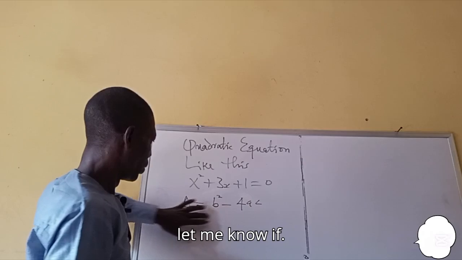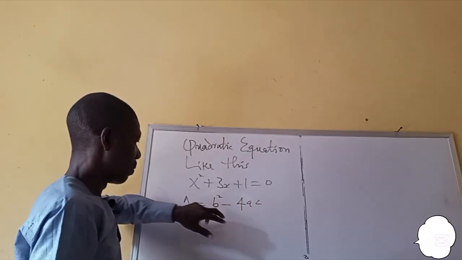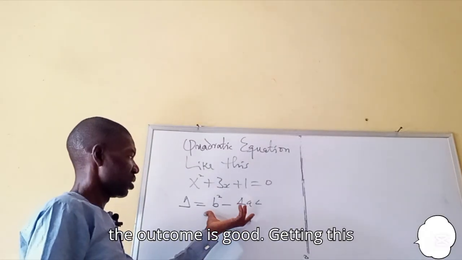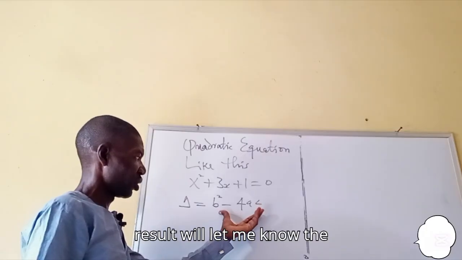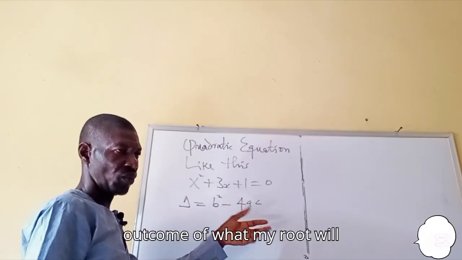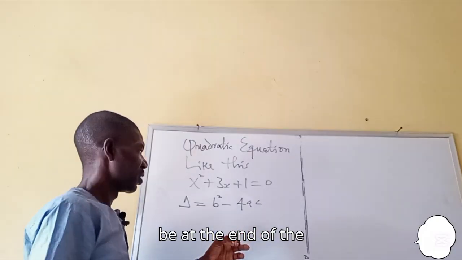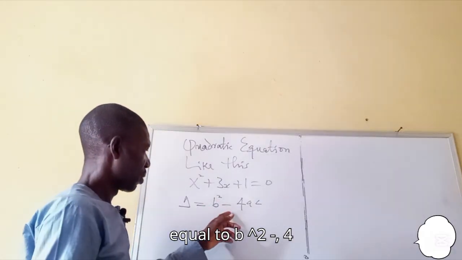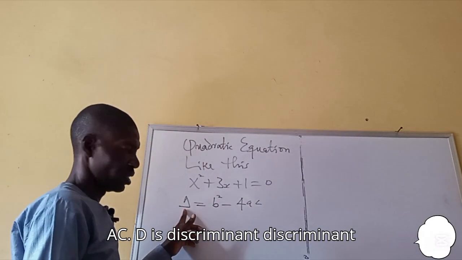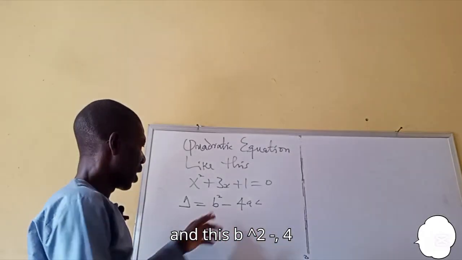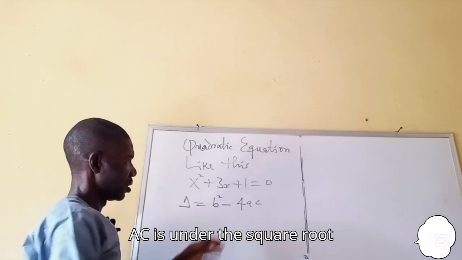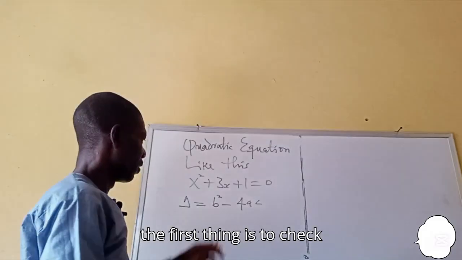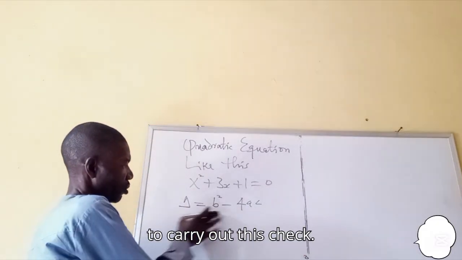It will let me know the outcome of what my root will be at the end of the calculation. D is the discriminant, and this b squared minus 4ac is under the square root in the quadratic equation formula. So the first thing I usually do is to carry out this check.